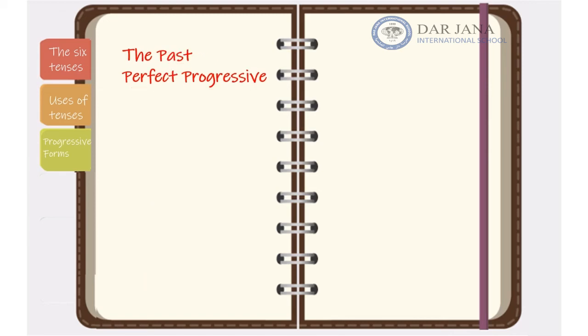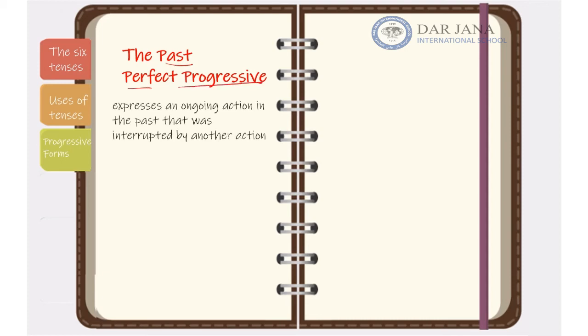The past perfect progressive expresses an ongoing action in the past that is interrupted by another action. So here, again, we need to have 2 actions or an action and occurrence. But the second one interrupts the first one. Okay? Example.